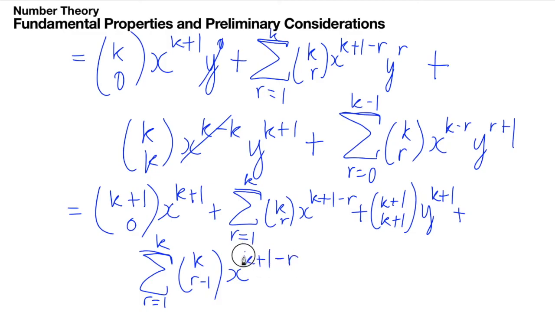So actually, if you want, we'll put that in a parenthesis so that it will be clear. So from k minus r to become k plus 1 minus r, we have just adjusted the k, and then it becomes y. Instead of r plus 1, we deduct it by 1. This will simply become r.